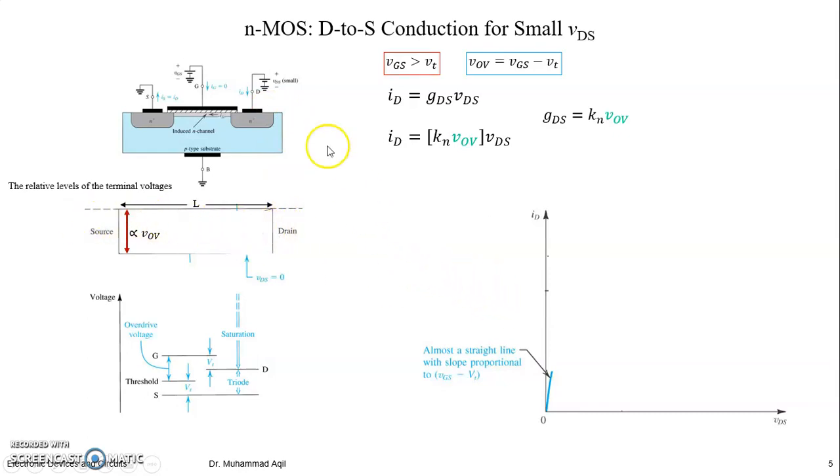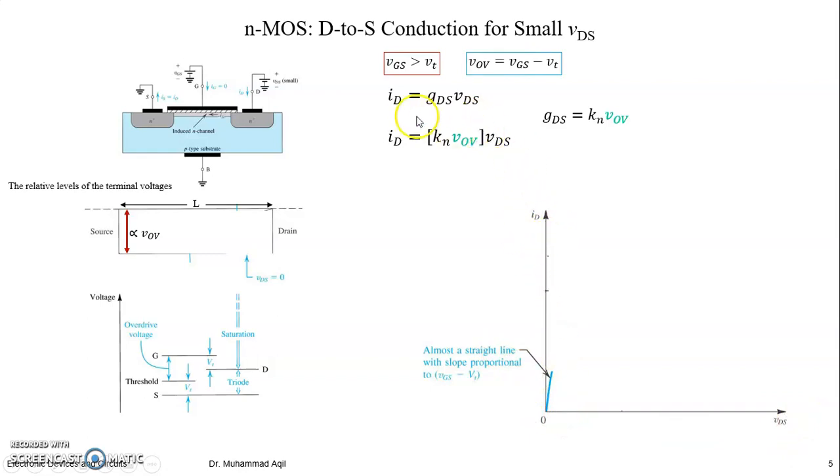Now, if I increase VDS slowly, obviously in millivolts, I can expect more current, right? Almost a straight-line relation from VDS in millivolts to ID.